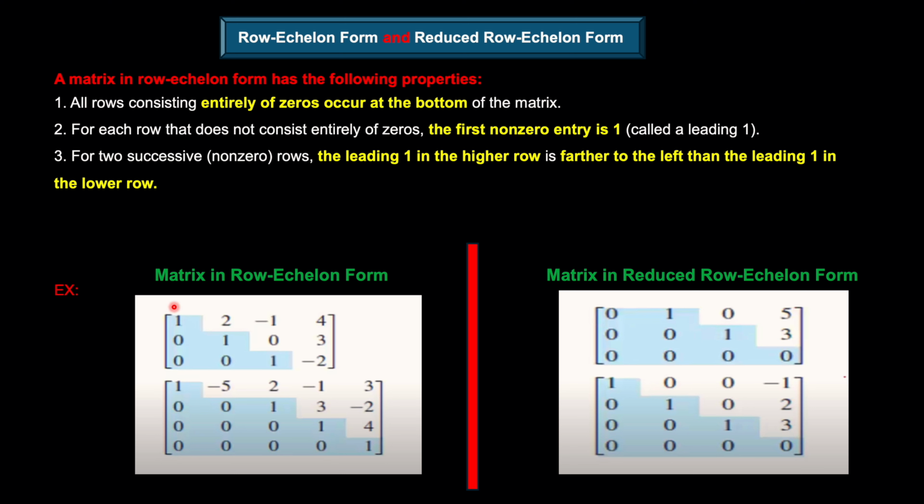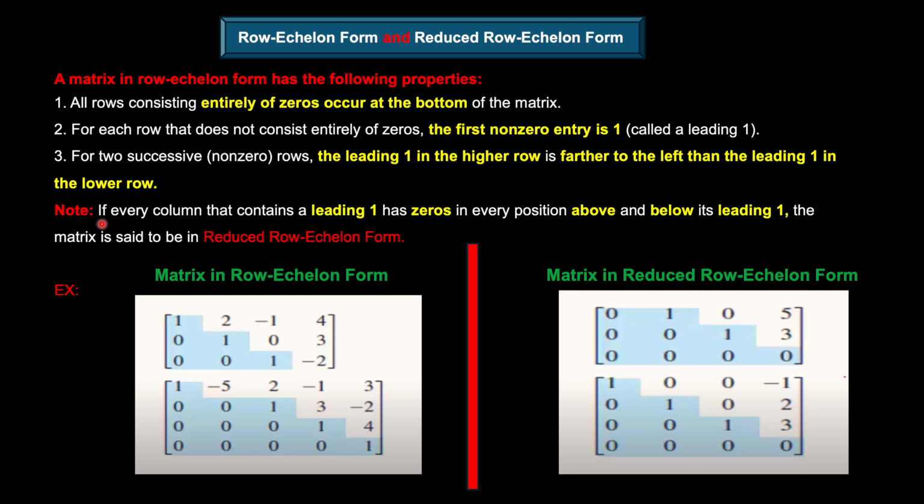We see that this leading one is farther to the left than the leading one in the lower row. The same here: this leading one in the higher row is farther to the left than the leading one in the lower row. So if those conditions are satisfied, the matrix is in row echelon form.